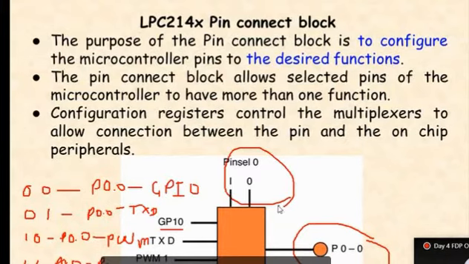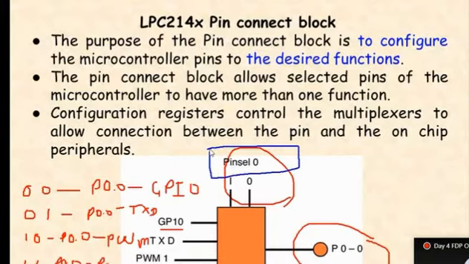So the function of this port depends on your pin select. There is one register, pin select. This register is very important, as it will decide the function of the pin. For one pin, if you see this diagram, you require a minimum of 2 lines of pin select.